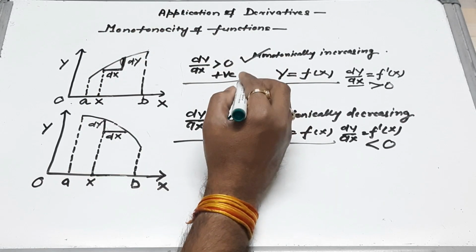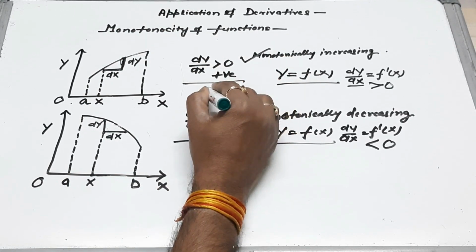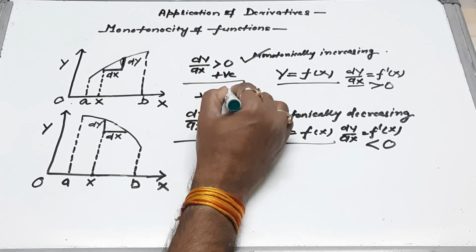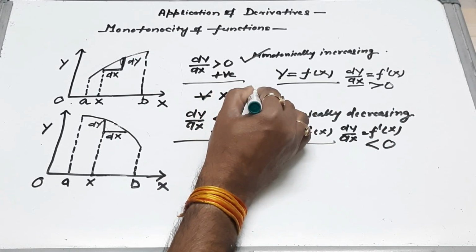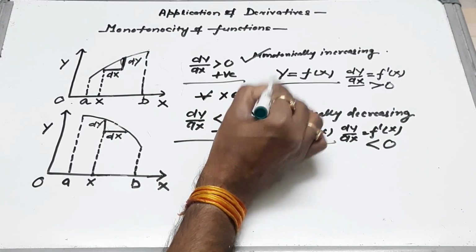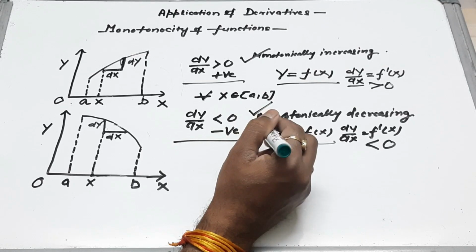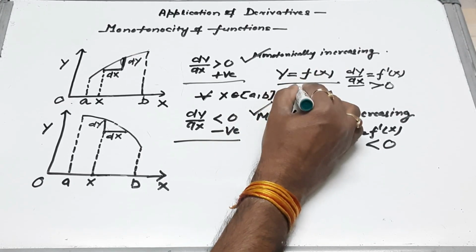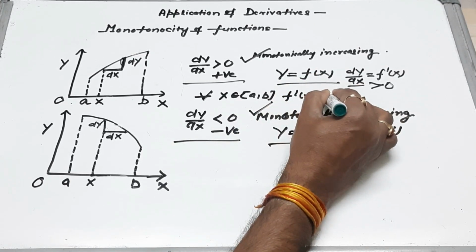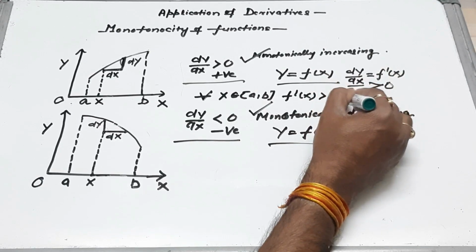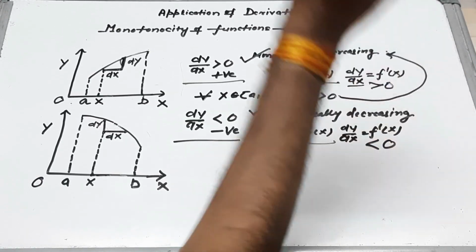So what is the definition? Suppose for every x belongs to the closed interval [a, b], if f dash x is greater than 0, the function is monotonically increasing.